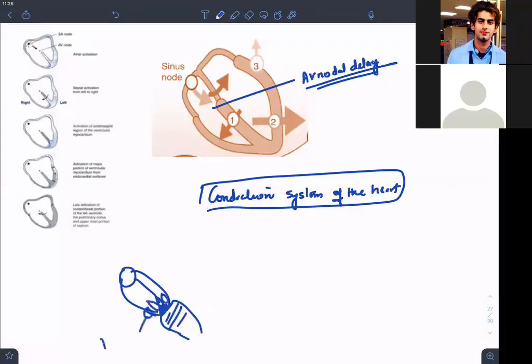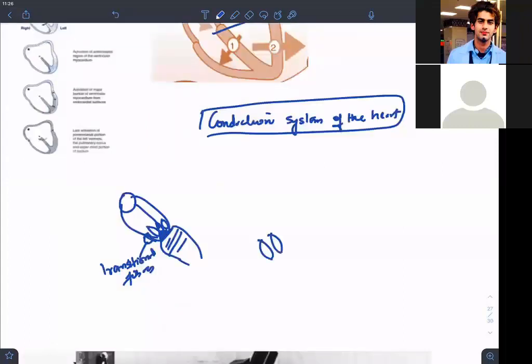Those fibers were called transitional fibers. Do we remember? We had that like this. So these were the transitional fibers, guys.